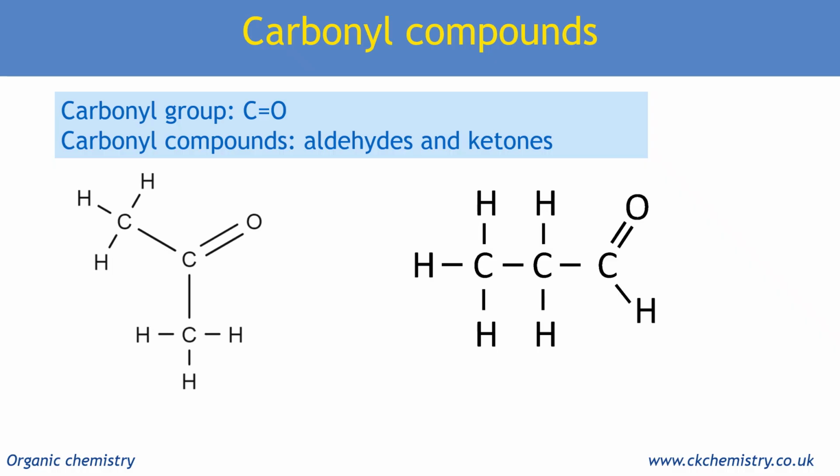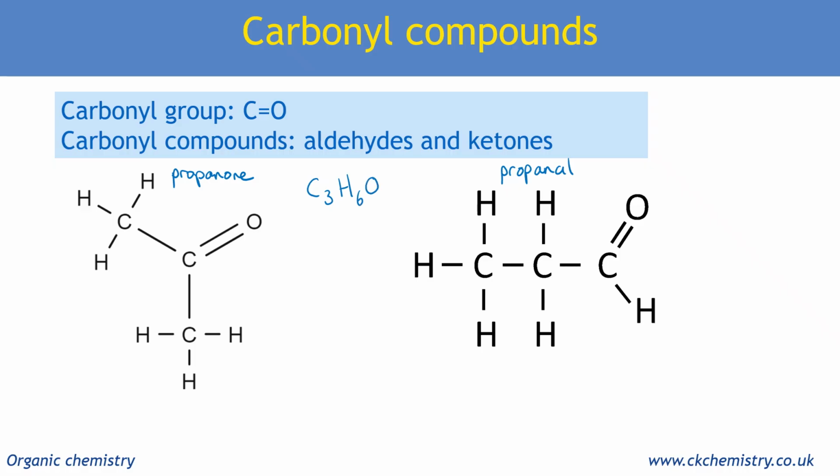If you have a look here on the left hand side, we've got propanone, and on the right hand side we've got propanal. Aldehydes and ketones have the same general formula, and these two are functional group isomers of each other.